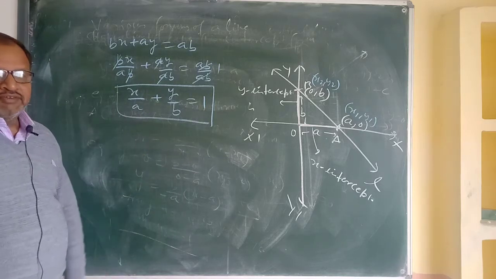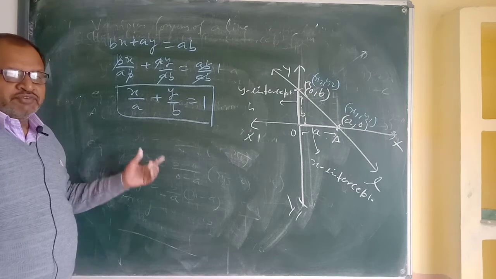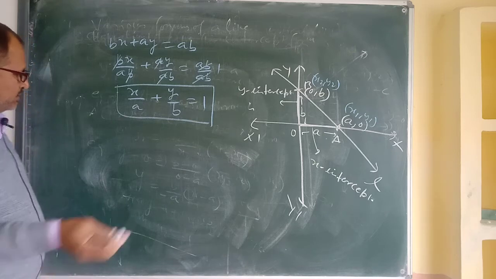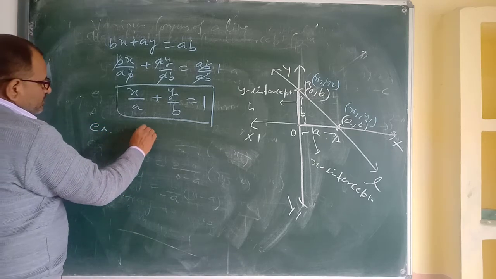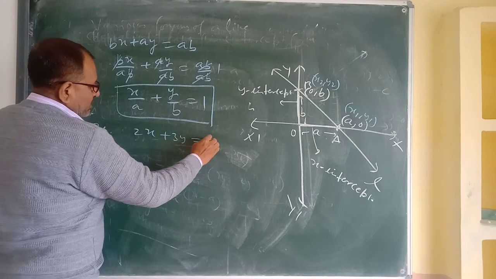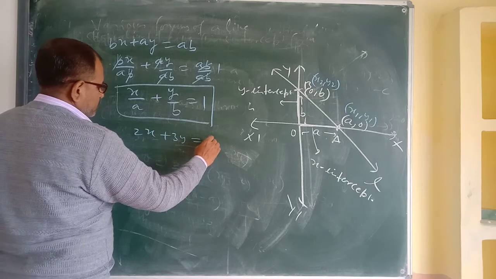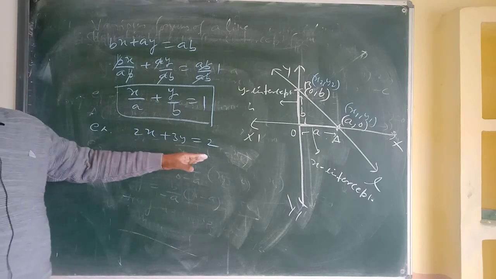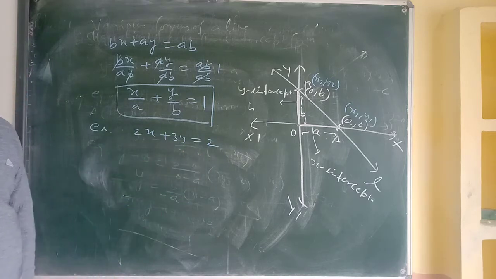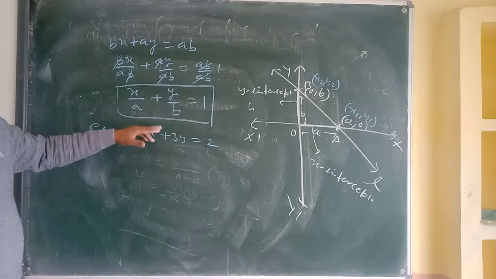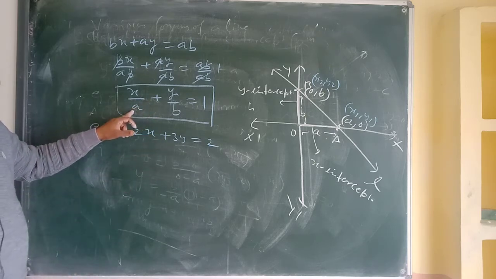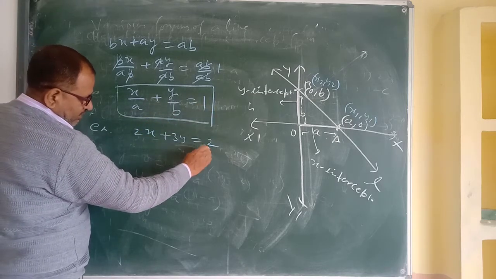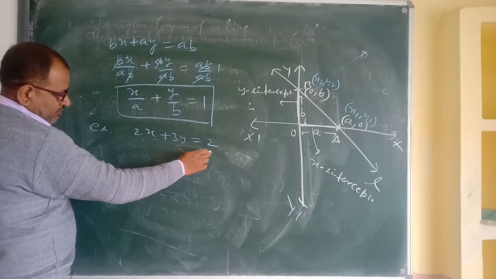Suppose an equation is given in terms of x and y, how can we get the x-intercept and y-intercept? Suppose for example 2x plus 3y is equal to 2. We have to find the x-intercept and y-intercept made by this line. So either represent this equation in this form, then by comparing we can say what a and b are. The right side is 1, so divide the whole equation by 2 to make it 1.